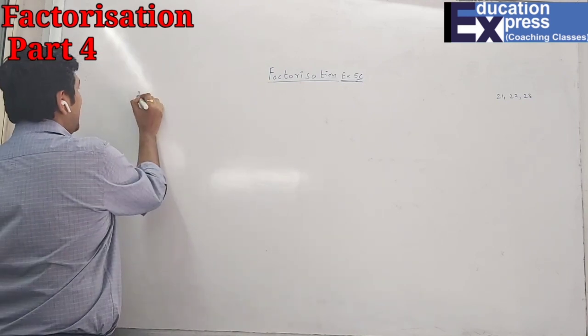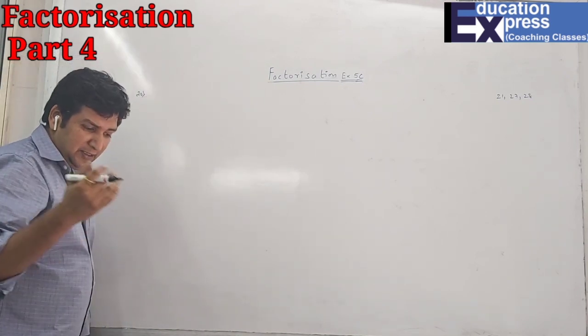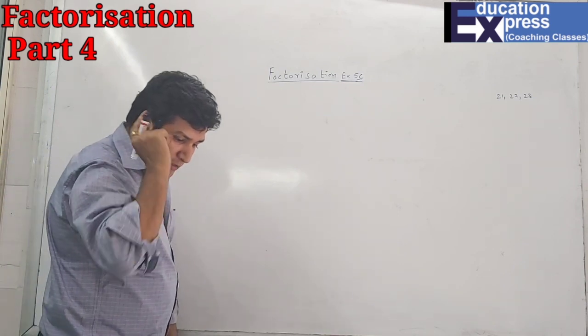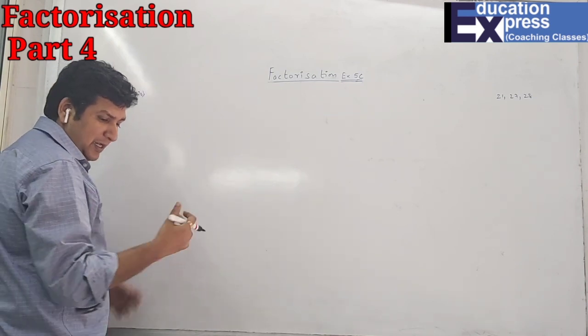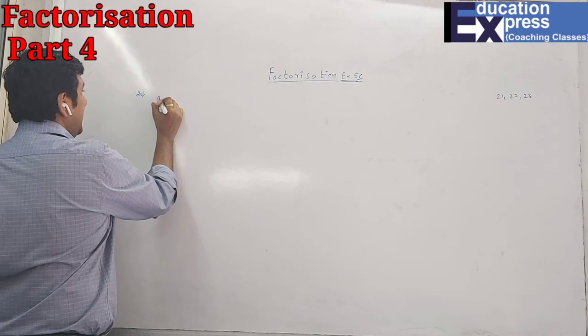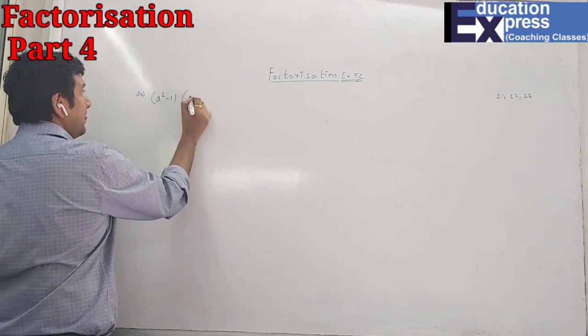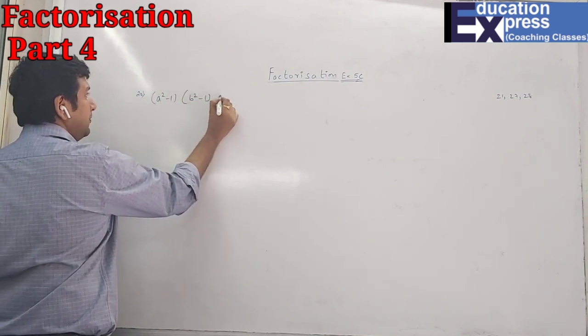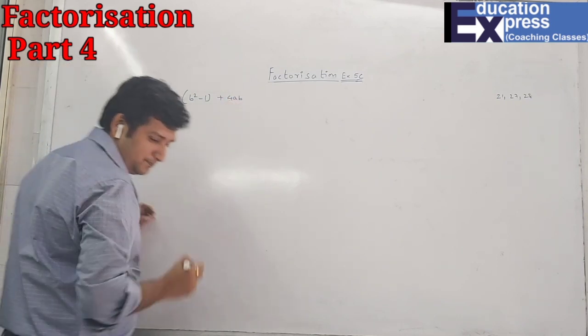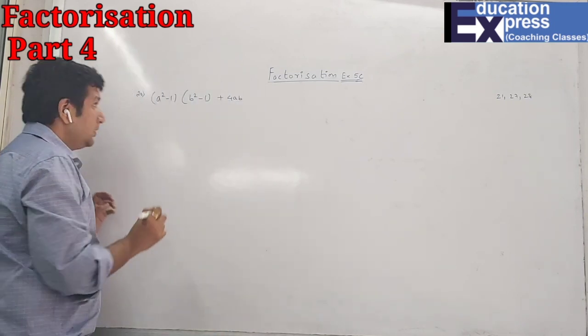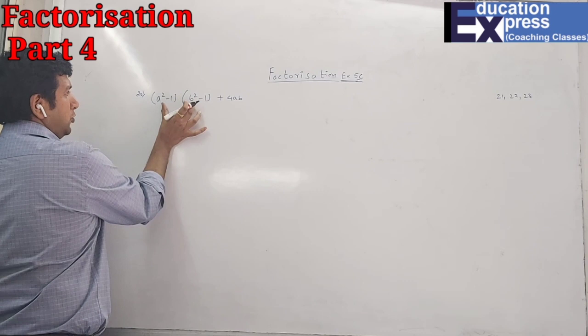The 20th sum also is like that only, which I've done earlier, like 13, 16, 17. Same to same type, just you have to open the brackets and then you get the same thing. (a square minus 1)(b square minus 1) plus 4ab. So open the brackets, obviously you know how to multiply brackets.